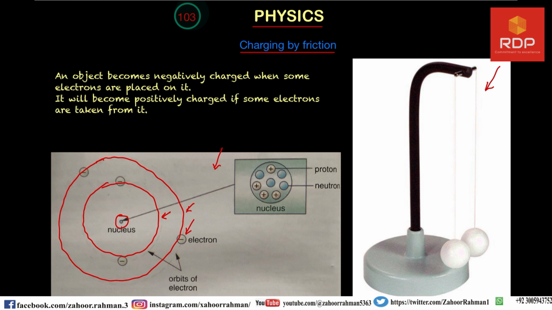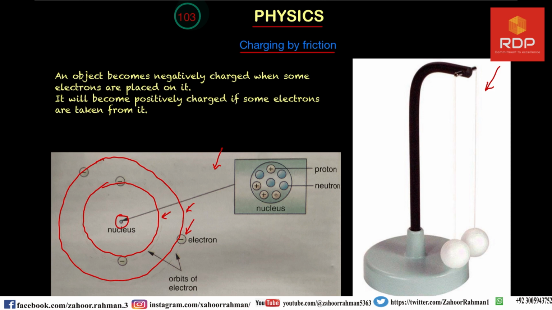Remember that when we are rubbing the glass rod with the silk cloth, the glass becomes positively charged because it is the donor of electrons, and the silk will become negatively charged because it is the acceptor of electrons.